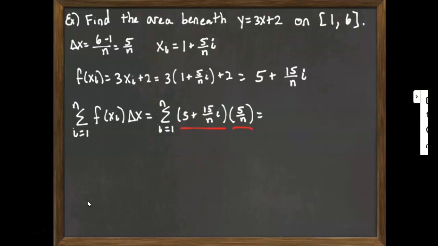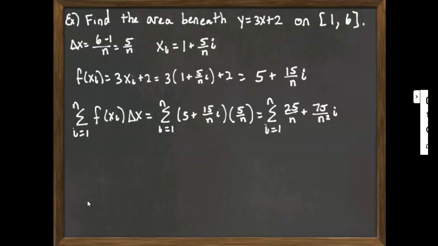And then I just multiply through by delta x to simplify it. So 5 times 5 over n would be 25 over n. 15 over n times i times 5 would be 75 over n squared times i.